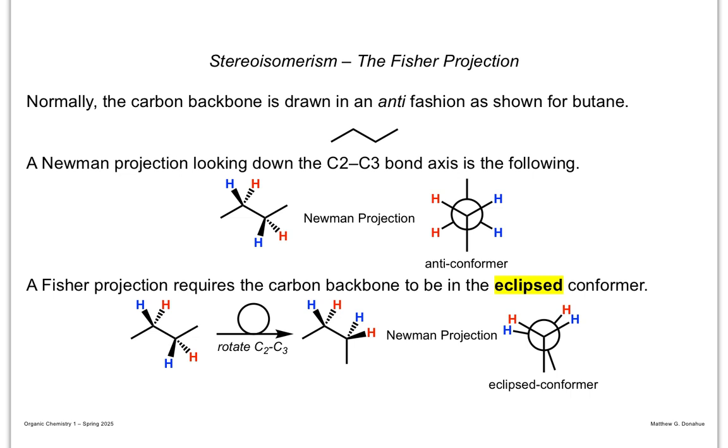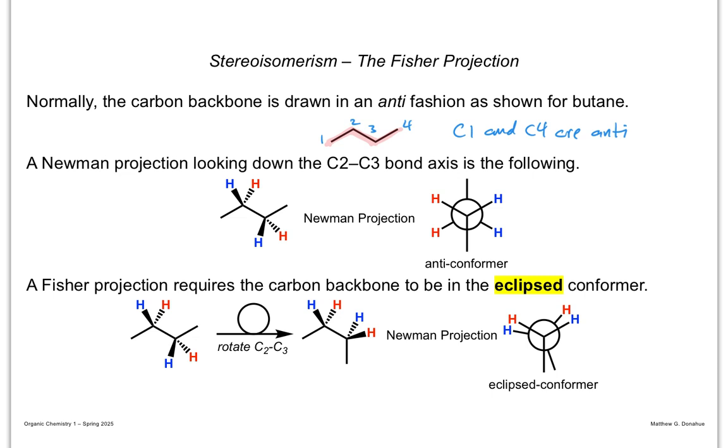And as I said before, this zigzag drawing we see, so I'm highlighting that in red. All of those carbon atoms are in the plane. C1 and C4 are anti to one another.